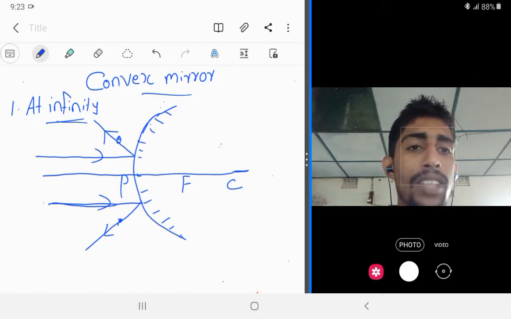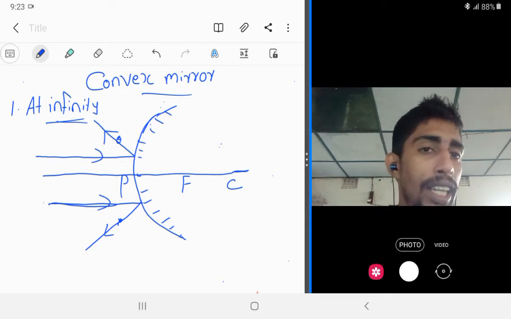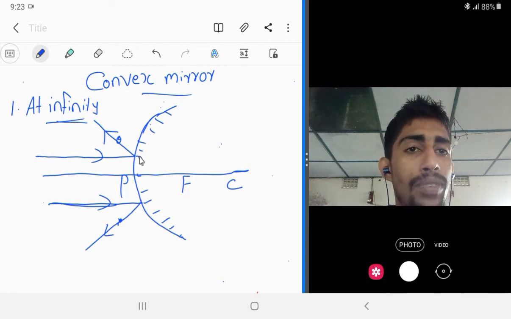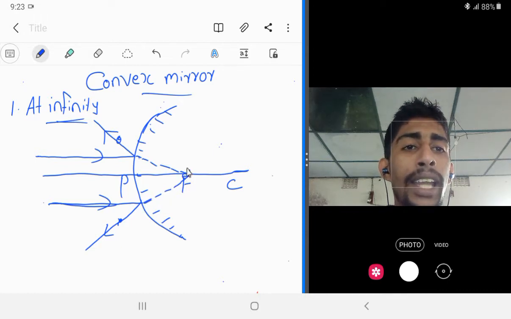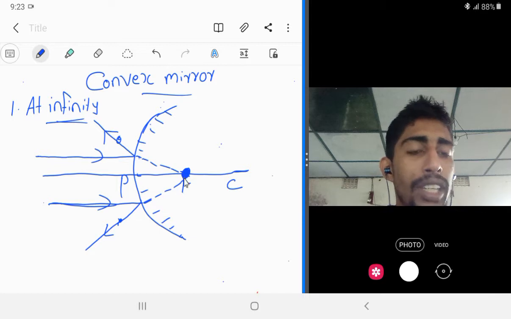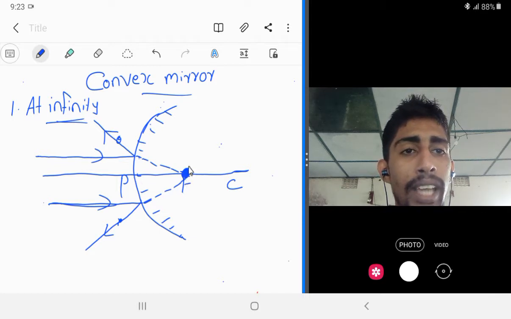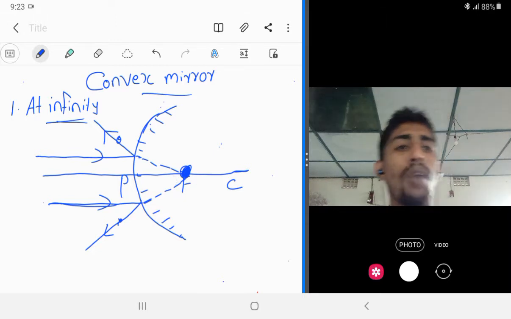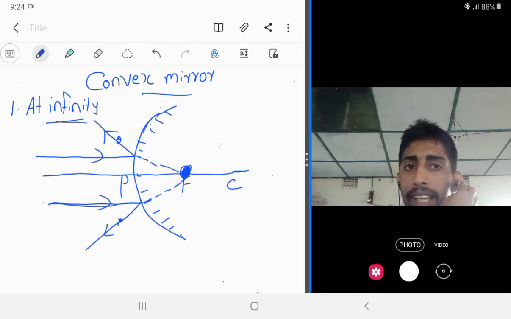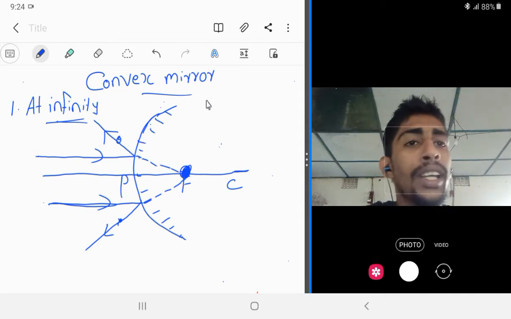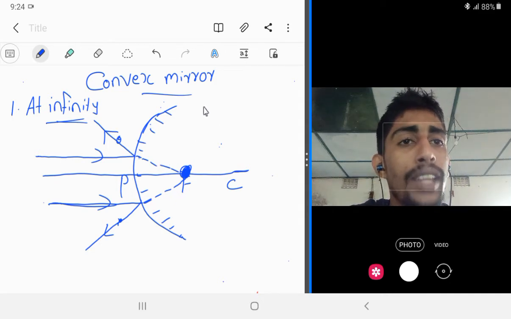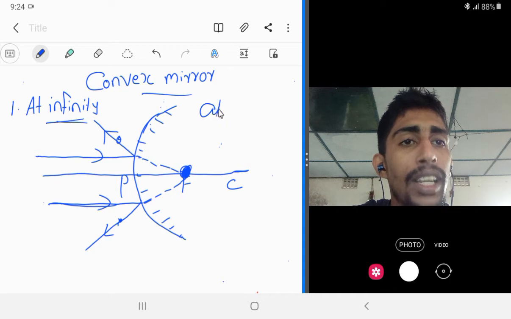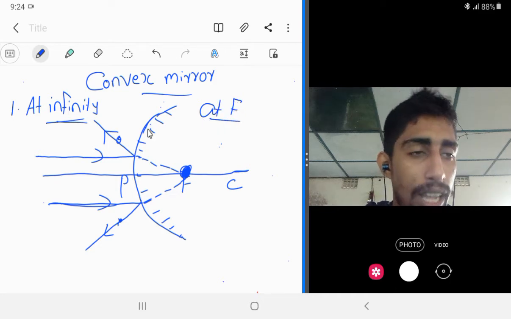These two light rays are not going to converge at any point. So if we extend back the reflected light rays, at this point both the light rays will converge, that is, at the principal focus. So where do we get the image? We get the image at the principal focus.